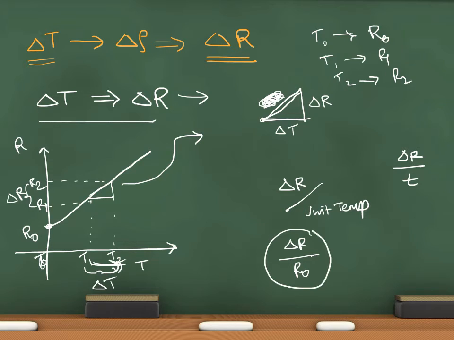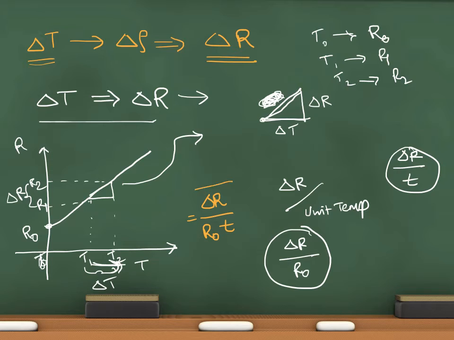I want to know this in a single entity. That means I want to define an entity which will give me the change in resistance with respect to original resistance per unit temperature change.